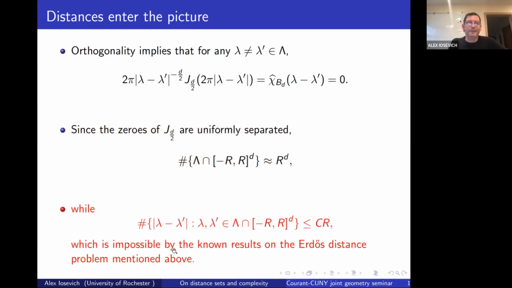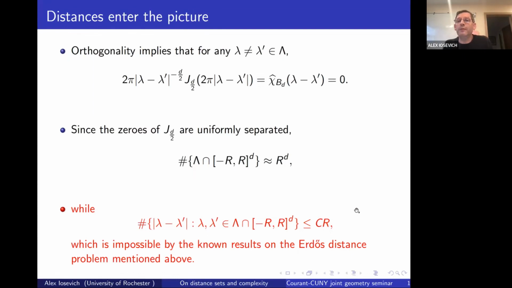On the other hand, the number of distances determined by the elements in this large cube cannot possibly exceed a constant times r, because the distances are all zeros of the Bessel function. The diagonal of the cube has length approximately r, and all of these zeros are separated.